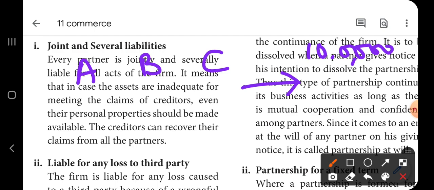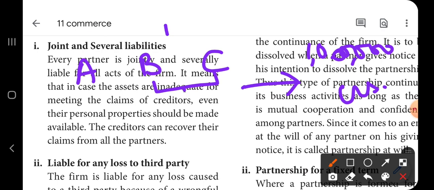If A is not able to pay the loan of 1 lakh to the creditors, B and C's personal property will be taken to settle the debts.